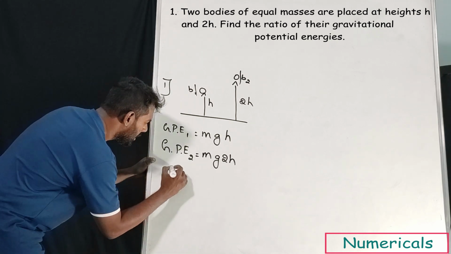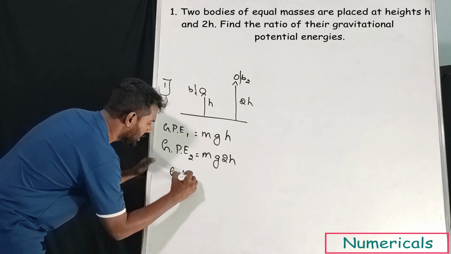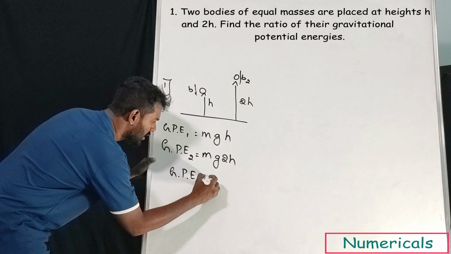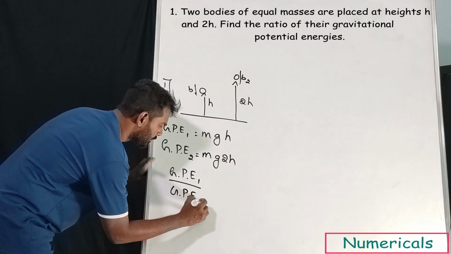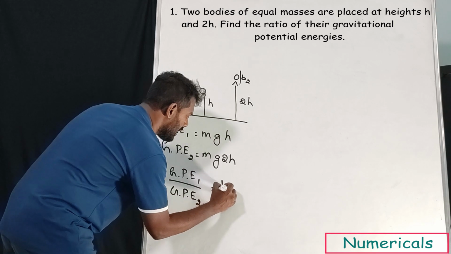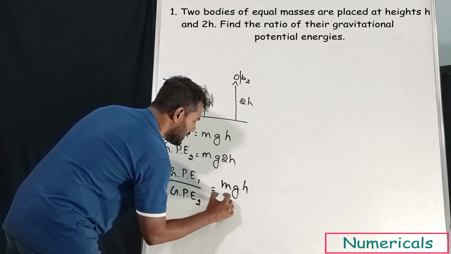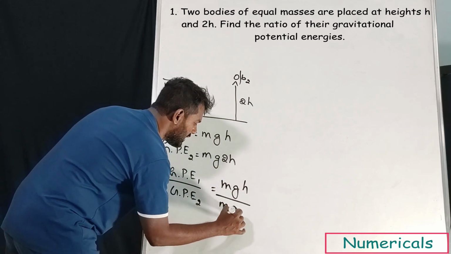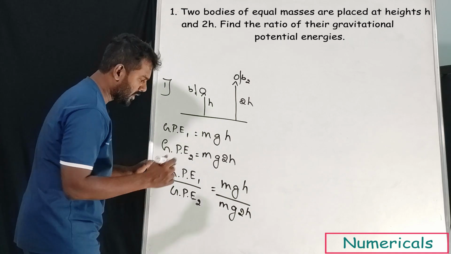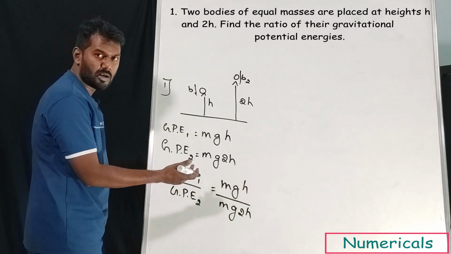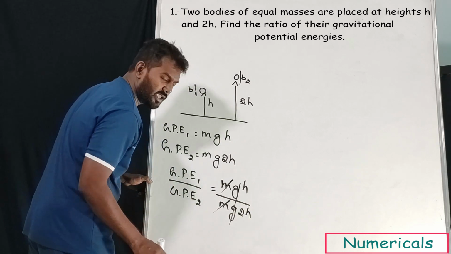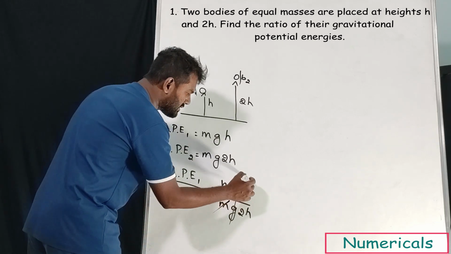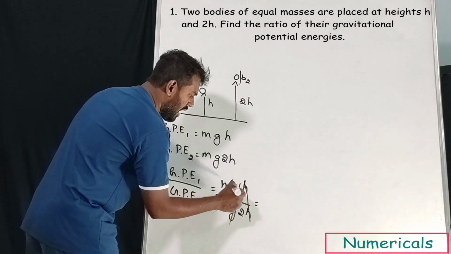That is nothing but GPE1 divided by GPE2, that is nothing but mgh divided by mg2h, correct? Now cancel the physical quantities. Mass and mass get cancelled, gravity gets cancelled, h and h get cancelled.